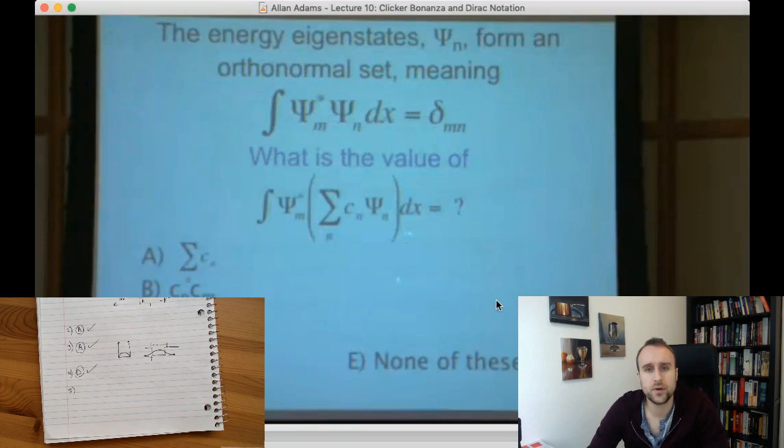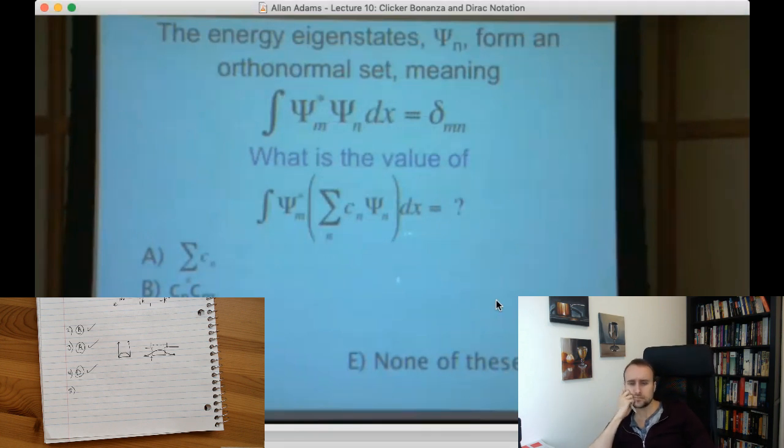So if these form an orthonormal set, what is the value of this, for each n? I'm not sure about this one.